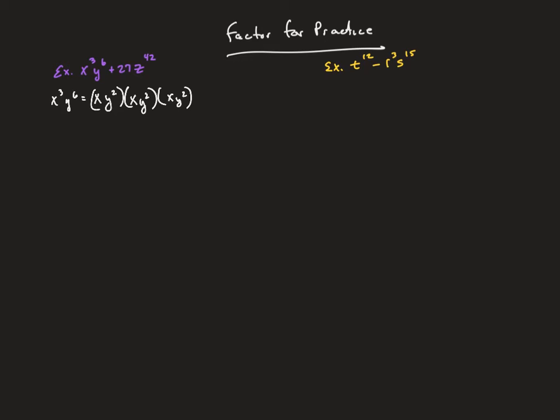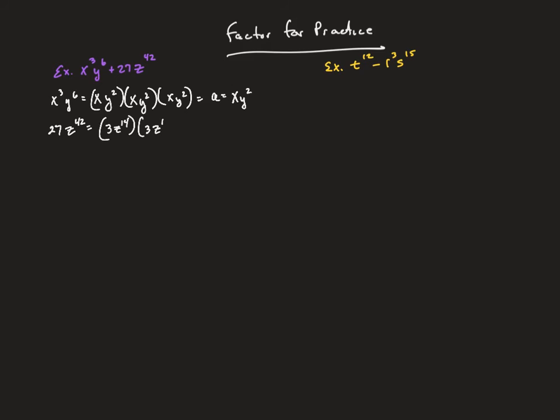Now remember, I was looking for 3 identical factors, and there they are. So a is going to be equal to xy squared, and then I'm going to have 27 z to the 42nd is going to be 3 times z to the 14th.